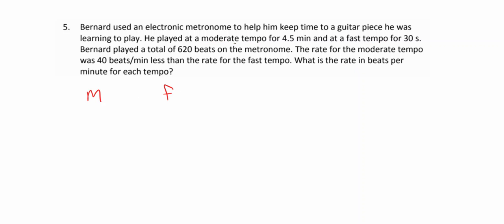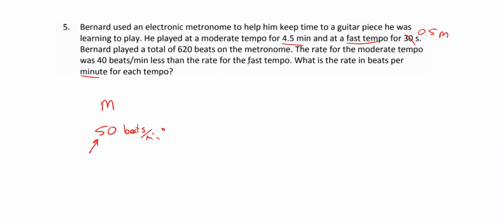Now, let's look at the first one to make an equation. It says he played a moderate tempo for 4.5 minutes and a fast tempo for 30 seconds. Because our answer is going to be in beats per minute, let's change the 30 seconds into 0.5 minutes. Say for a second that M was 50 beats per minute.